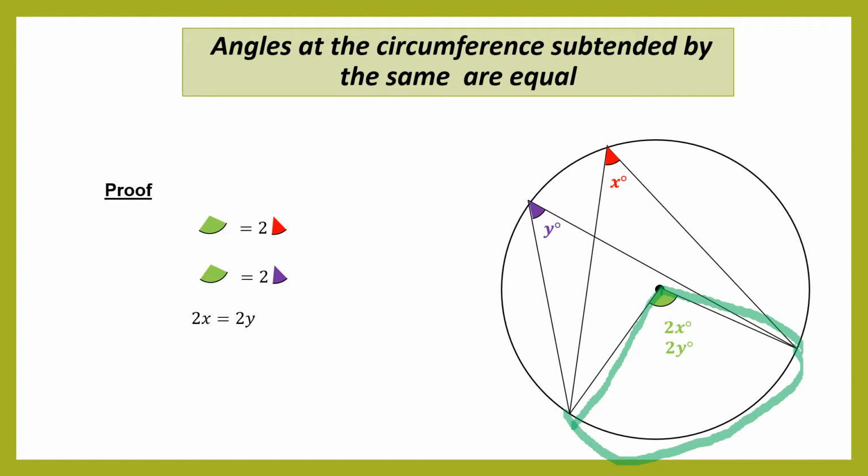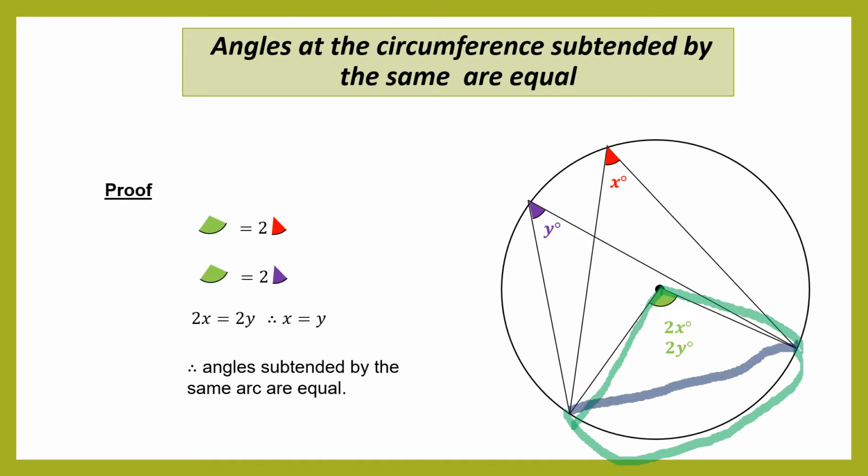If I divide both sides by 2, I get x is equal to y, which means angles subtended by the same arc are equal, or angles subtended by the same segment, this is my segment, are equal.